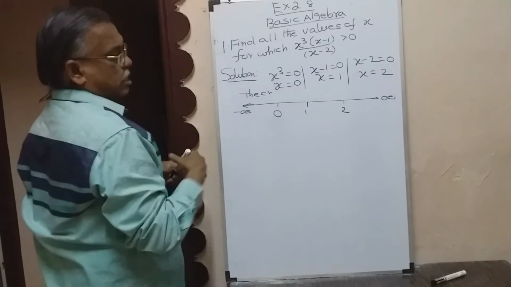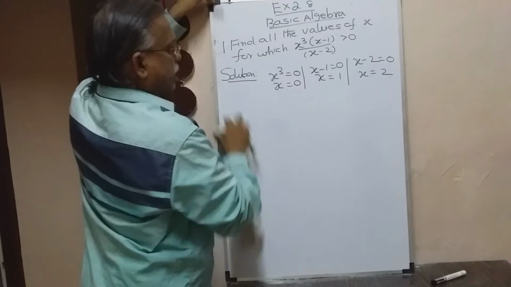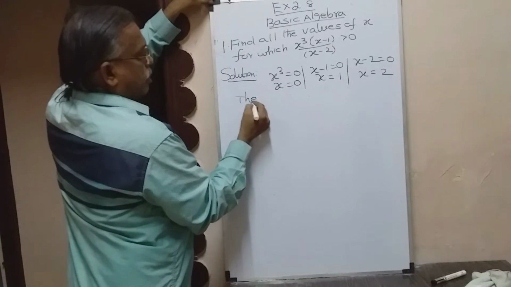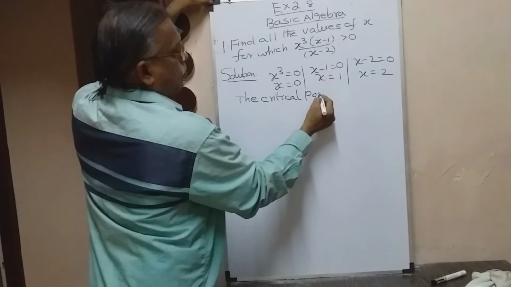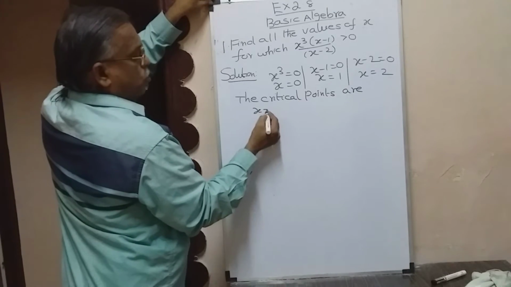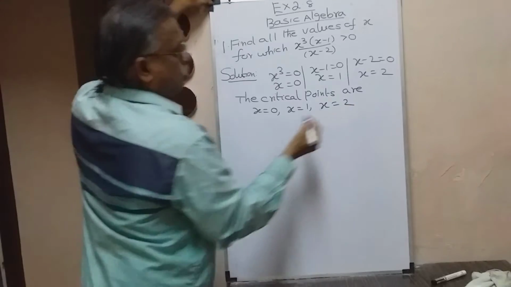One minute students, I will write here, then I will draw the diagram. Here first I will write the critical points: x is equal to 0, x is equal to 1, x is equal to 2.